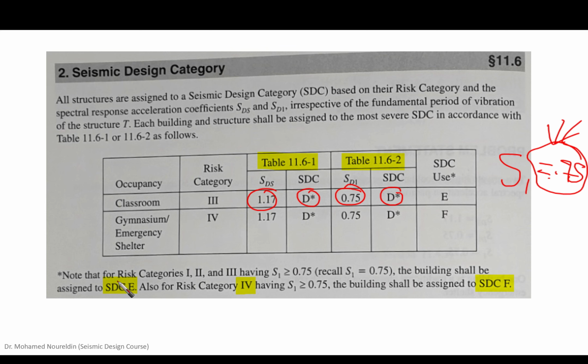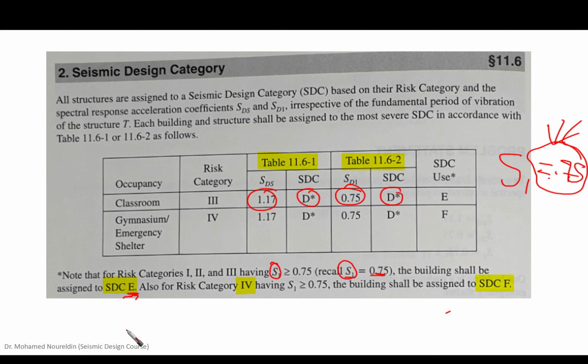Note that for risk categories 1, 2, 3, having S1, take care, S1, not SDS or SD1, the mapped maximum considered risk targeted acceleration larger than or equal to, and we are equal to 0.75, recall S1 equal to 0.75, the building shall be assigned to SDC E.